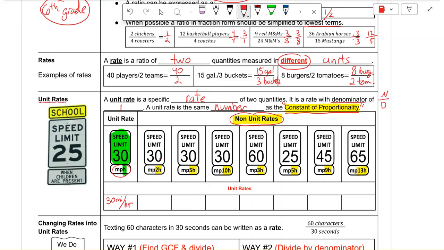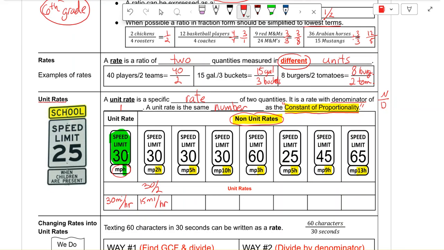Now, to convert this non-unit rate into a unit rate, you just take the speed 30 and divide it by 2. And 30 divided by 2 is 15 miles per hour. So that's what that sign actually means. You'll never see this actually, but speed limit is 30 miles per 2 hours. So in 2 hours you go 30 miles. So in 1 hour you're going to go 15, half of it.